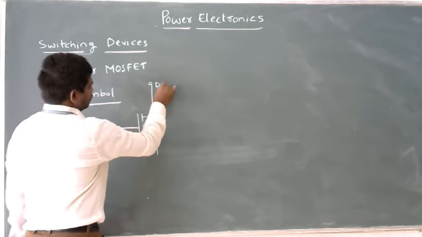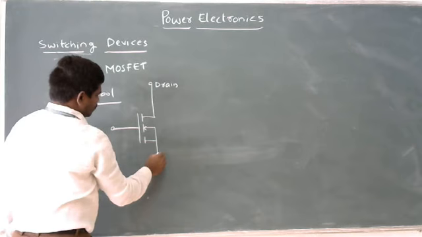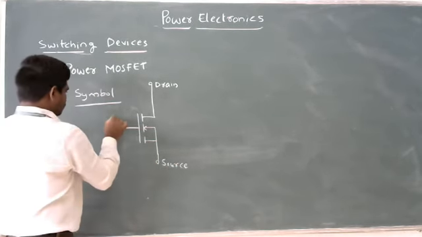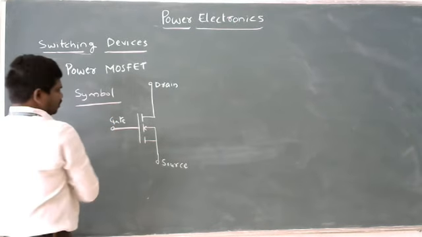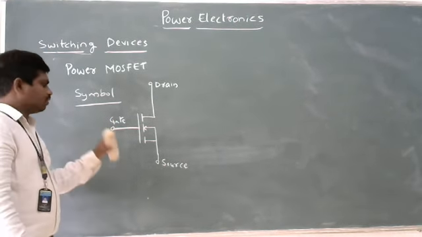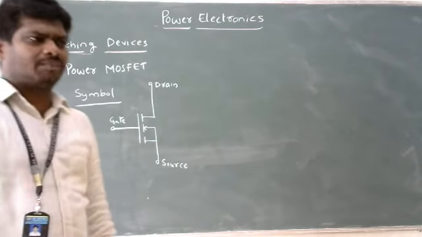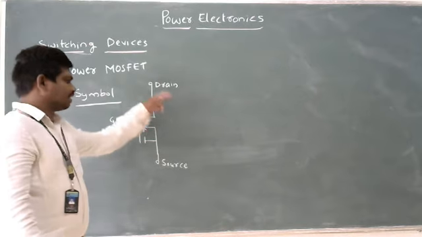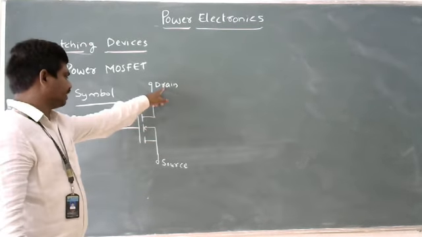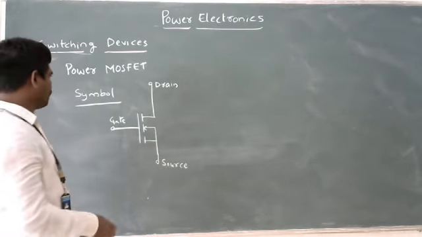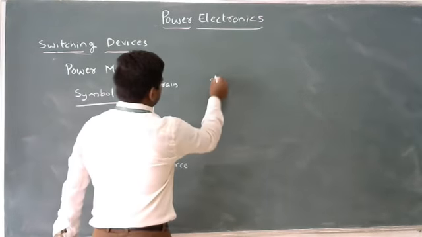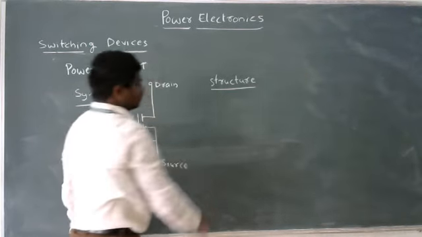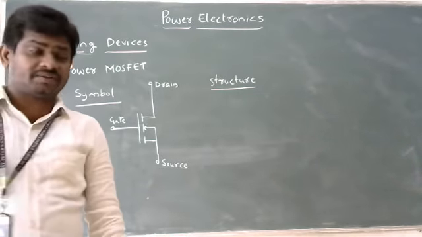This is drain. This is source, and this terminal is gate. This is the symbol of power MOSFET. As with the normal MOSFET, there is no difference in the symbol. You can see it has three terminals: drain, source, gate. Okay, coming to structure.